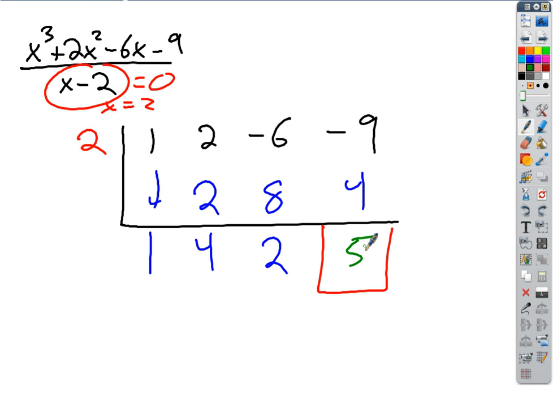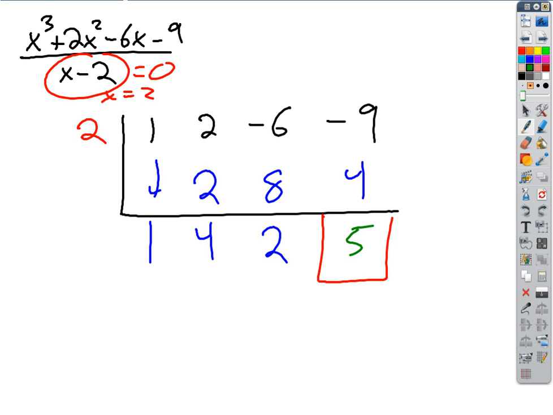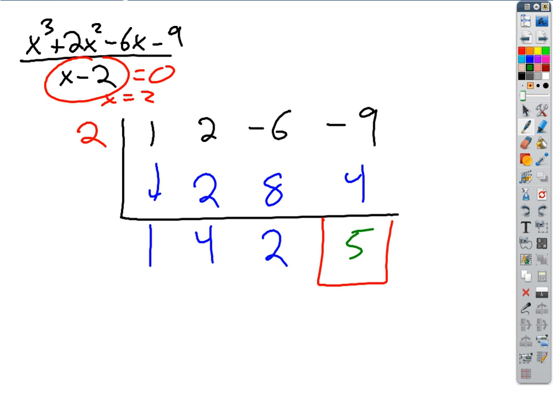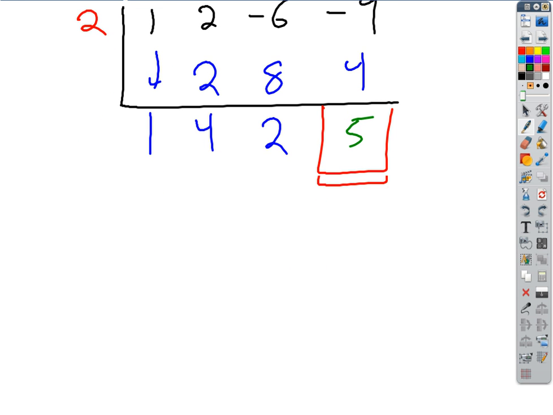Now, what does our answer mean here? Instead of just us finding out what the value of the function was at 2, this is really a much more important thing. What this is telling us is that the remainder is 5, and these are essentially the coefficients of the polynomial part of the answer. Starting with the constant, this is going to be the coefficient of x. That's going to be the coefficient of x squared. And then it would just keep going. If there were more of them, we would get coefficients of x cubed, and x to the 4th, and keep going.